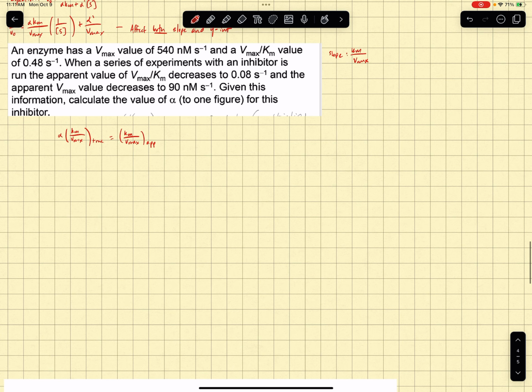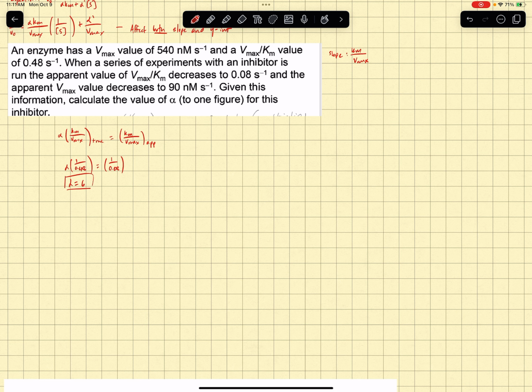If we plug in the numbers here, we get alpha times 1 over 0.48. Oh, that's not an equal sign, that's a times. That's going to be equal to 1 over 0.08. We do the math out, and we get alpha is equal to 6, and that's our answer there.